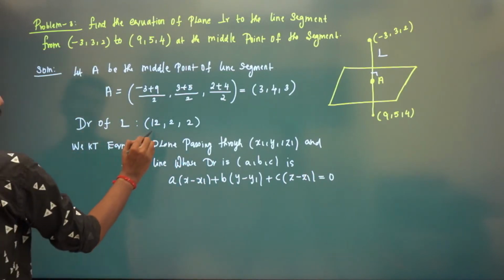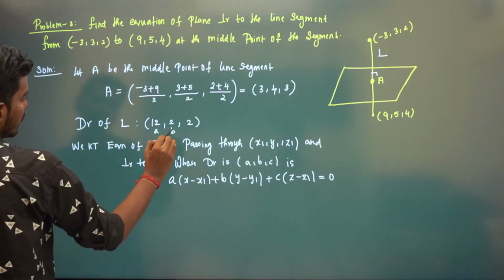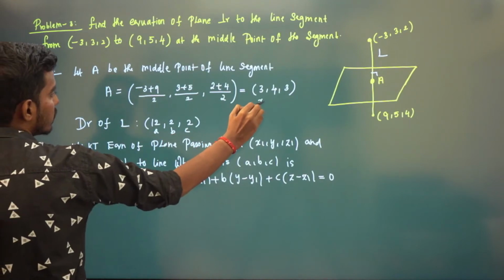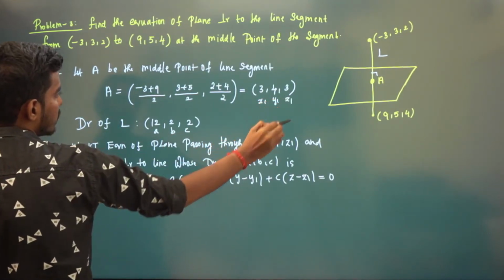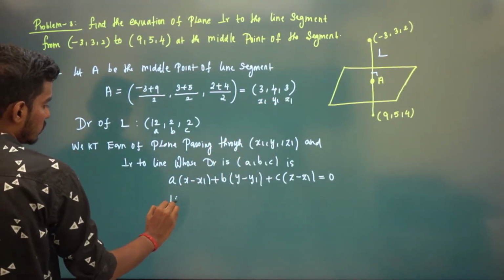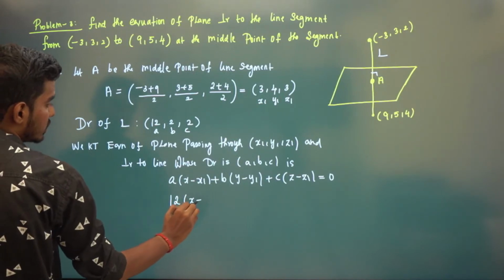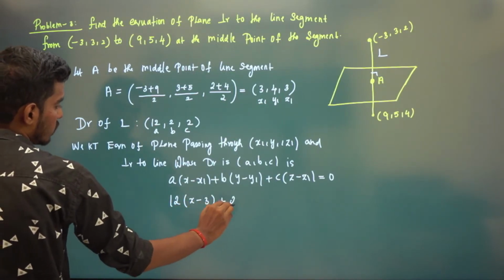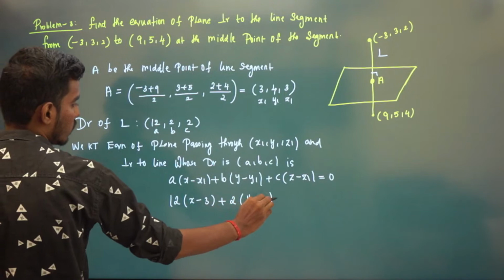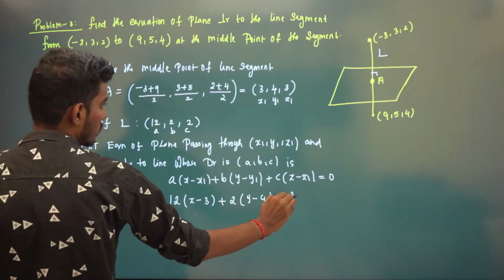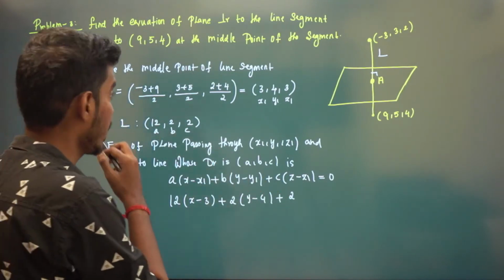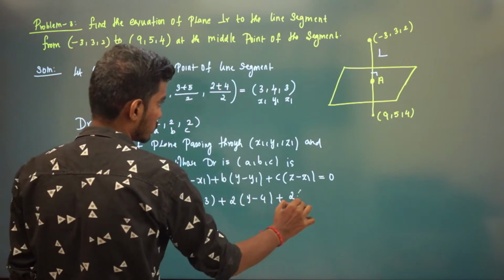So here this is our a b c, this is our x1 y1 z1. Substitute back here. So 12 into x minus x1, 2 into y minus y1, 2 into z minus z1.